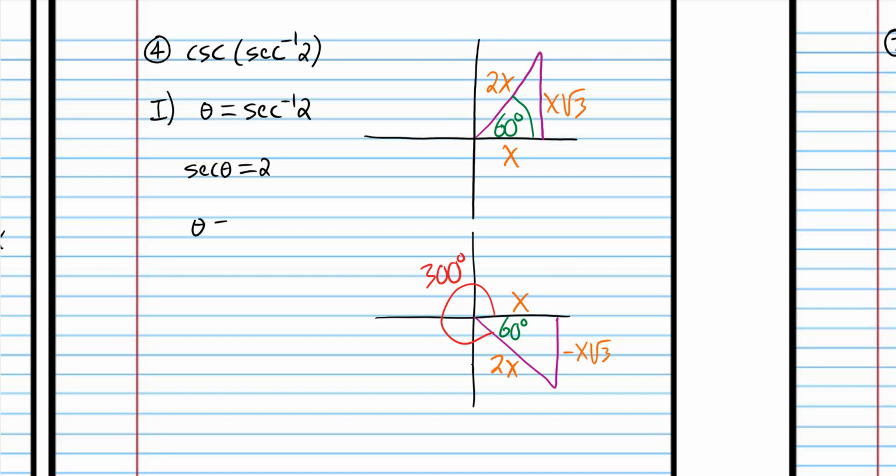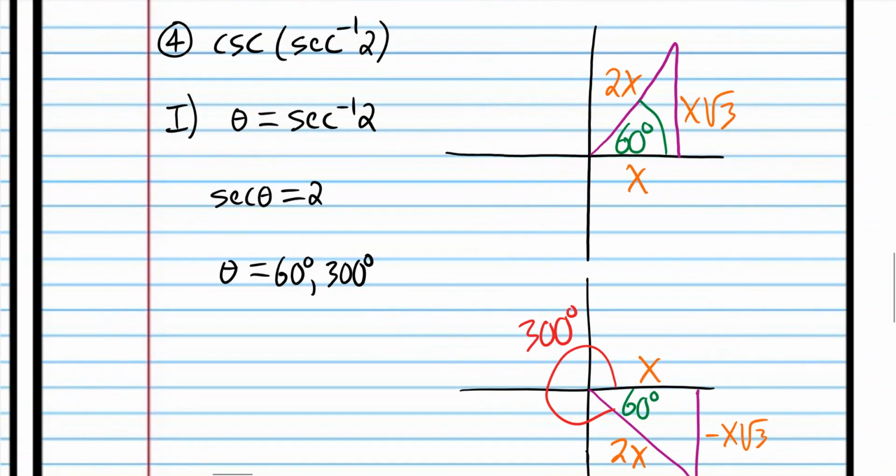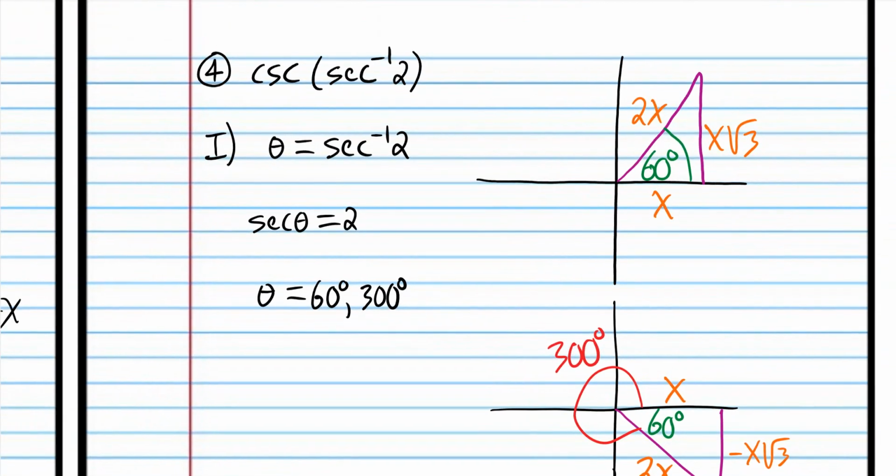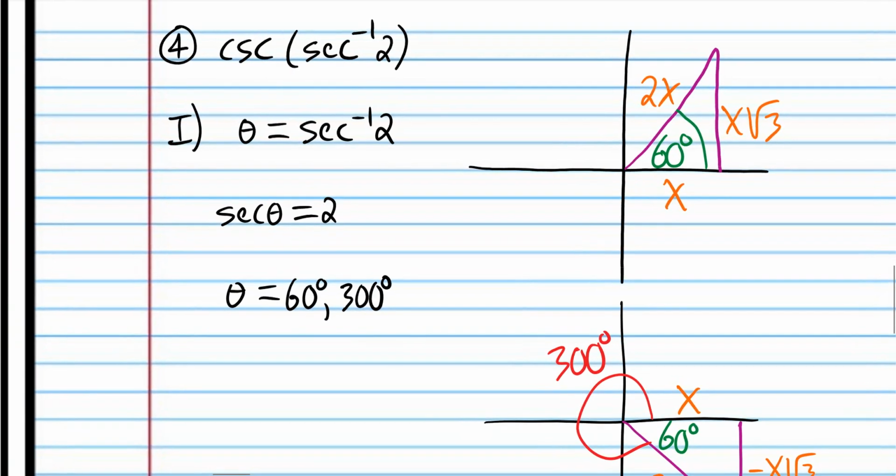So theta can be 60 degrees or 300 degrees if we're looking for the angle measures between 0 and 360, but we're not looking for the angle measures between 0 and 360. We're just looking for a value for secant inverse of 2. So we're not trying to solve an equation necessarily. We're just trying to find the value of this expression.